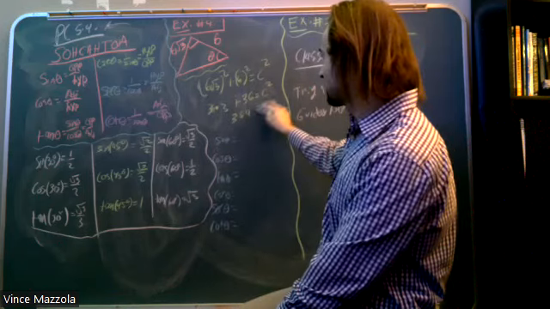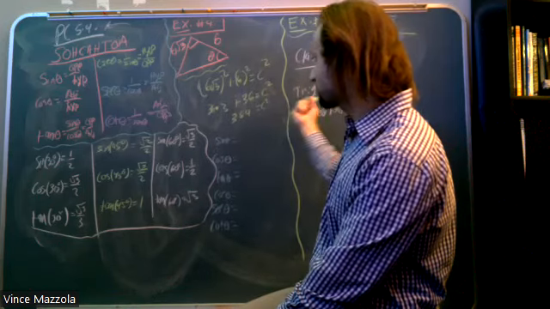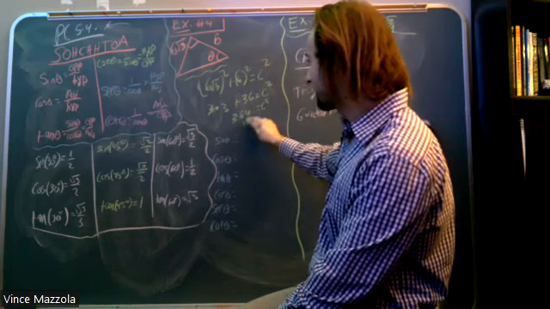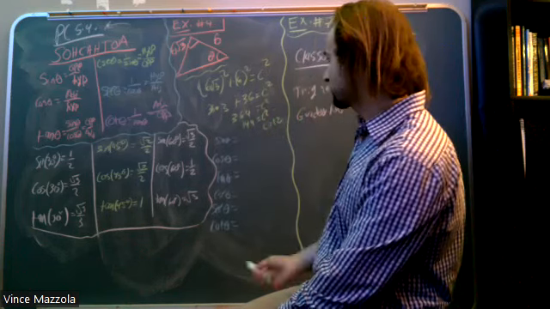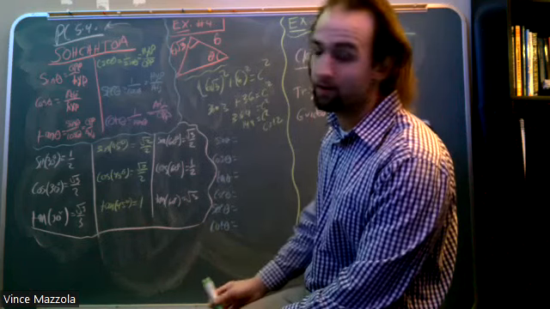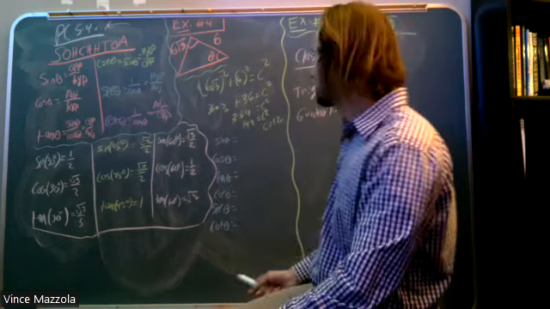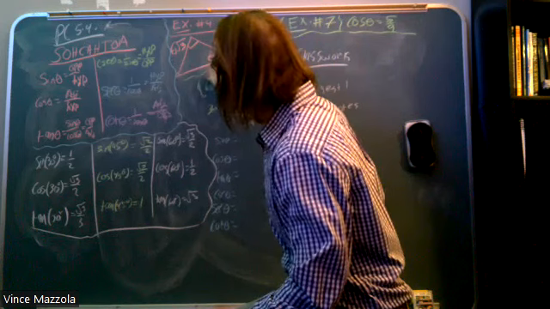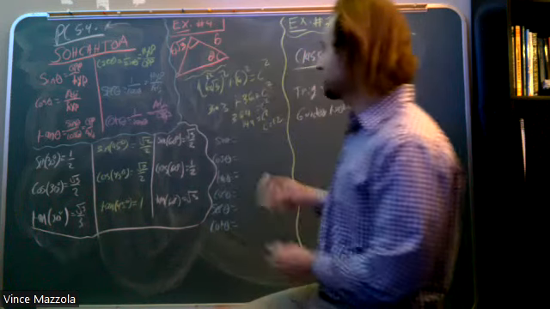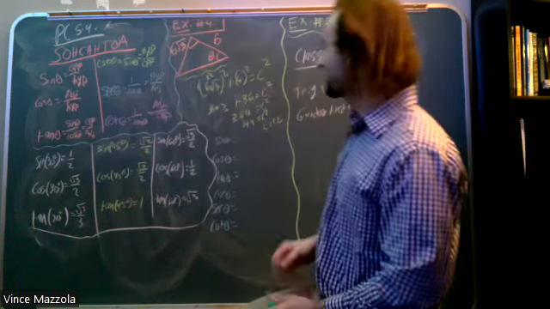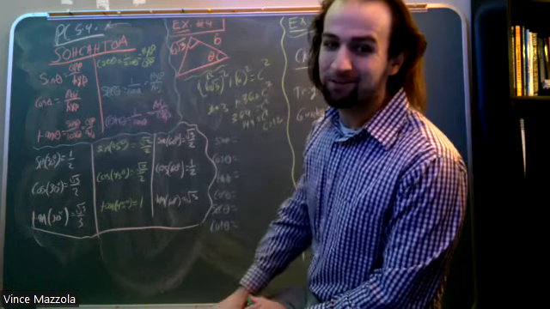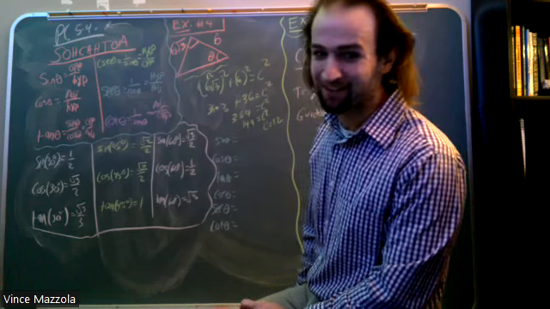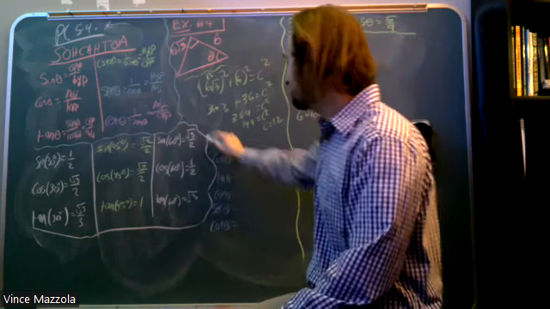C squared, 36 times 4 is just 144. So c is 12. Plus or minus 12, but hypotenuse is always positive. So this missing side here is 12. Perfect. Now, I could have told you that right from the get-go because it's a very special triangle that you're about to see. And if you recognize it, you recognize it.